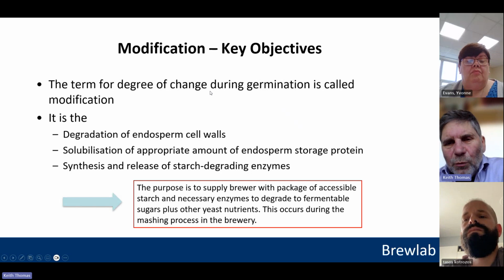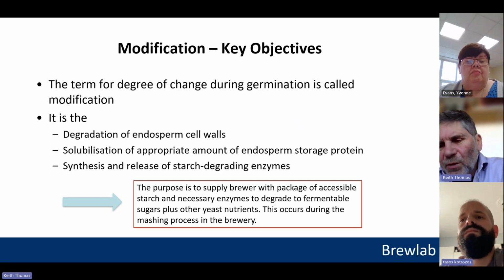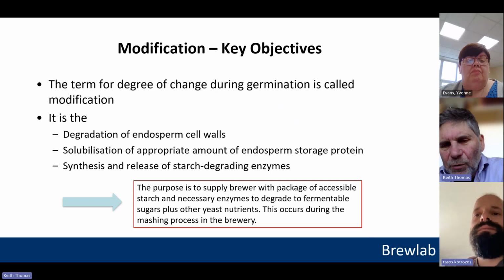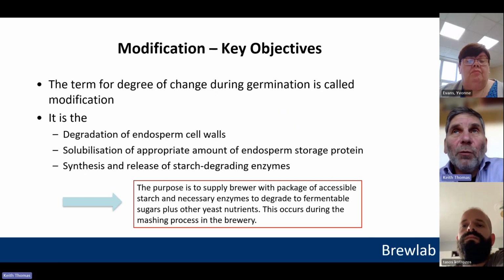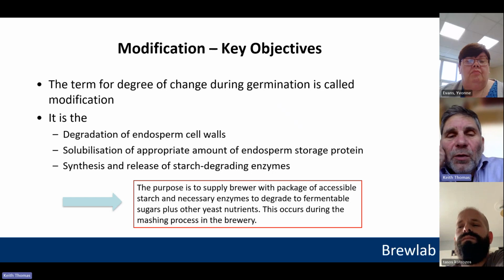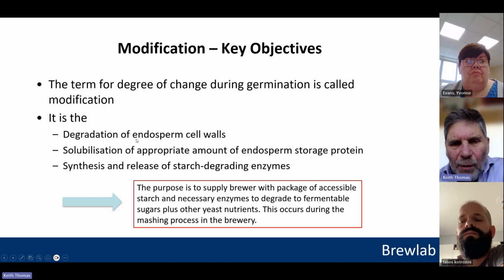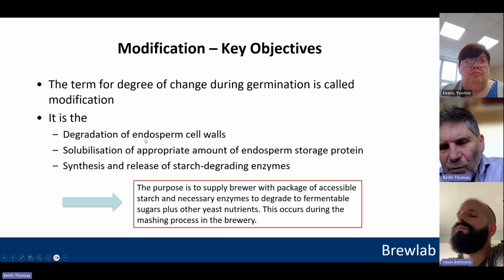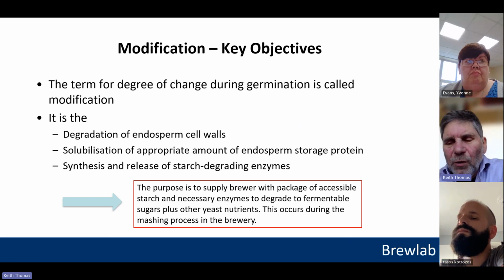Modification is a term used not just instead of germination, but for the digestion of the starch. So it's the digestion of the protein and the cell walls. So if it's well modified, it will have good digestion, and particularly of the cell walls, and the starch will be readily available when you crush it and put it into the mash tun.